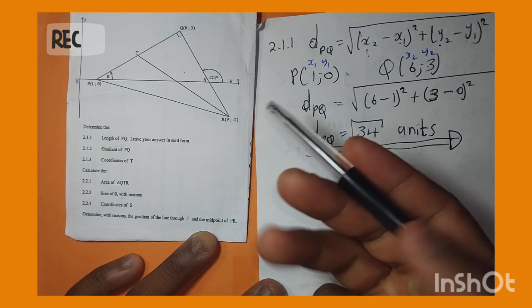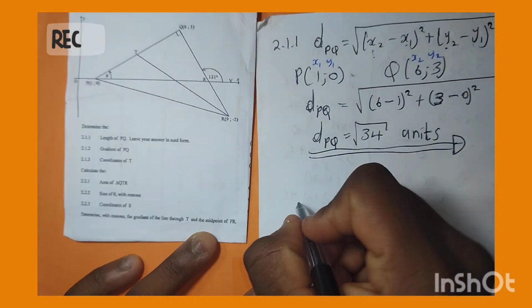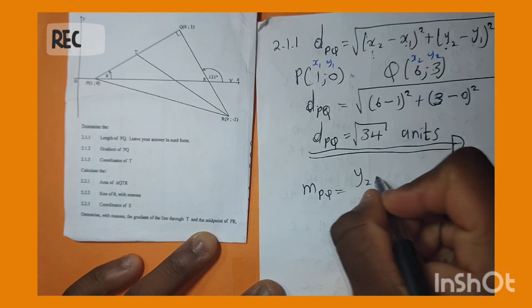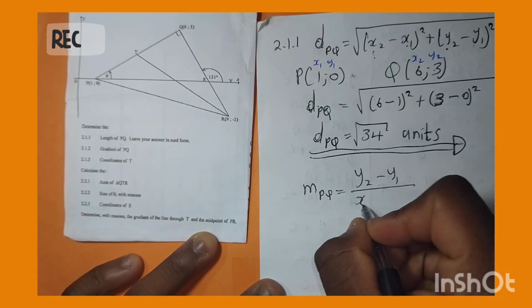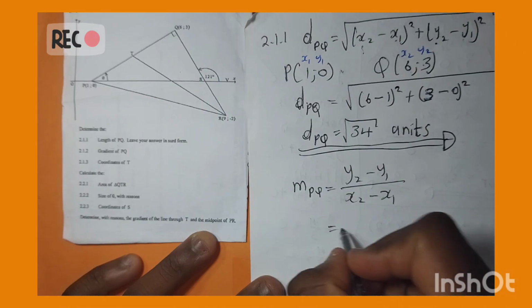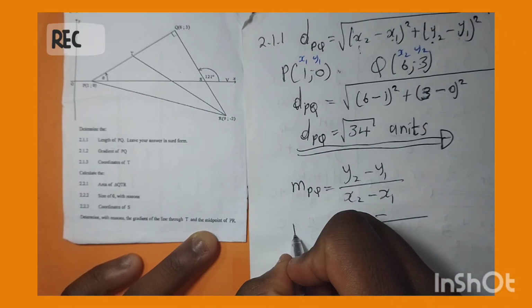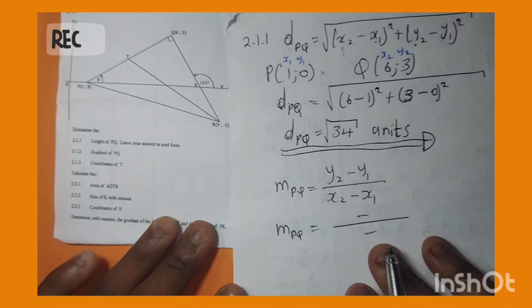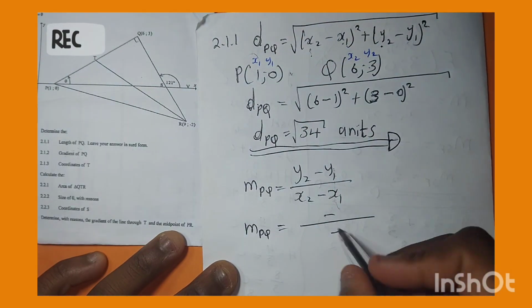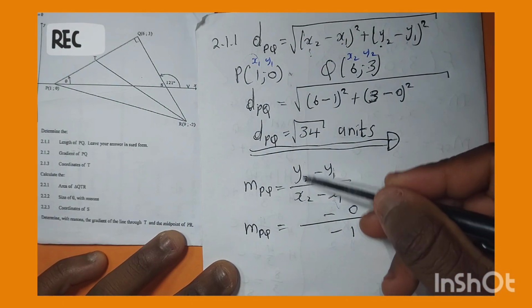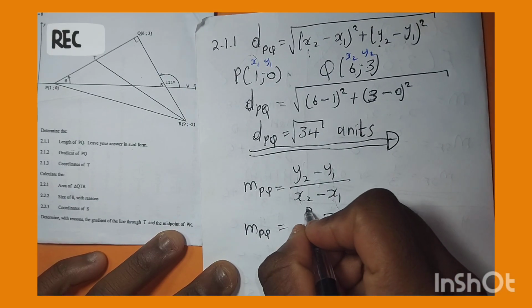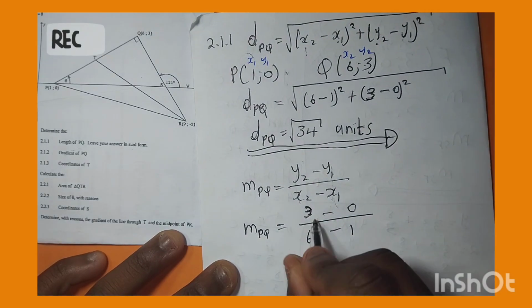So you can just apply the gradient equation, M of PQ equals y2 minus y1 divided by x2 minus x1, whereby your point 1 is this one, x and y, and your point 2 is that one, x and y.